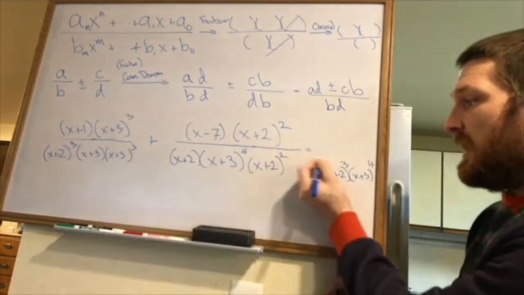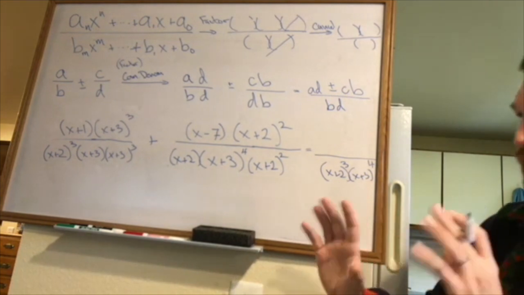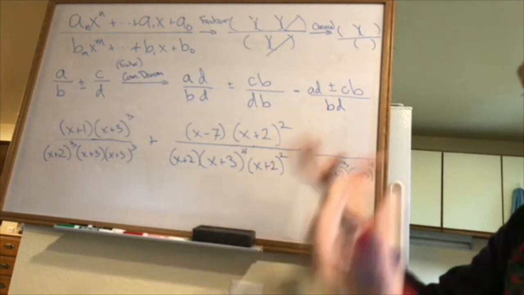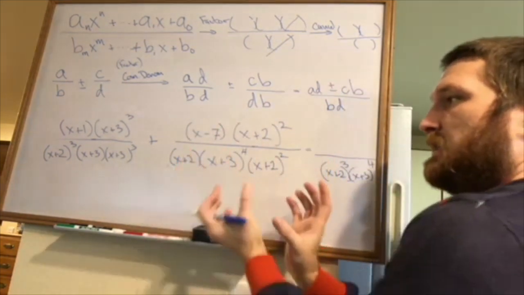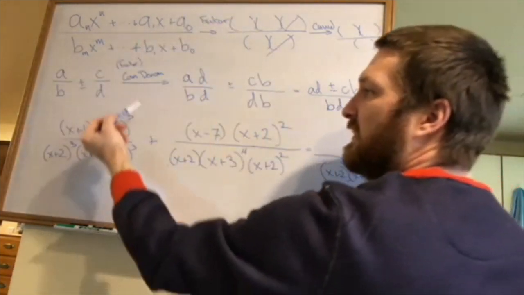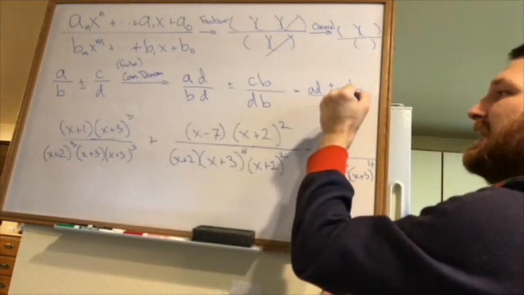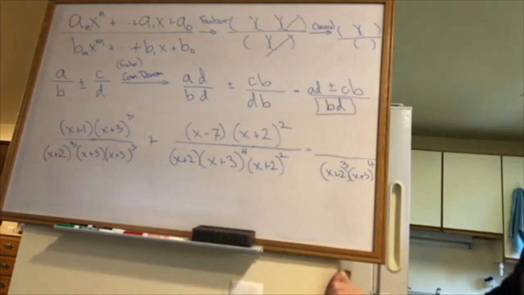And so now I do have a nice common denominator. But I didn't go through and blindly say everything that's in this denominator, I need to bring up over here, and everything that's in that denominator, I need to bring up over here, to end up with something ridiculously big.